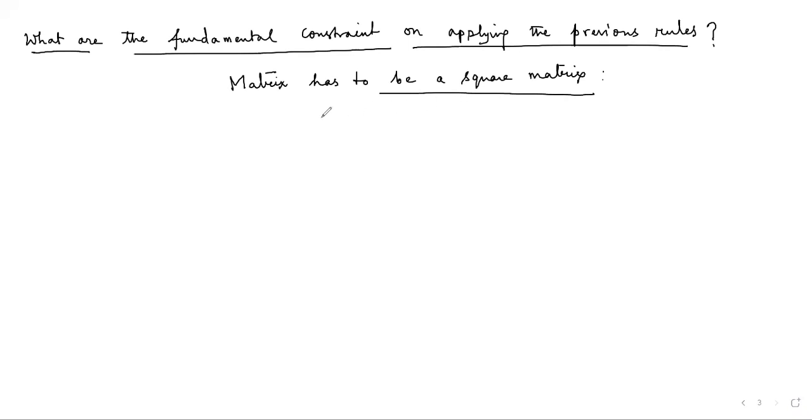The actual answer is what another student, Preeti, has written in the chat box, that the main drawback of these two methods is that the matrix has to be a square matrix. Now, if the matrix is a rectangular matrix, then we cannot find the inverse of the matrix, because a rectangular matrix inverse cannot be found.